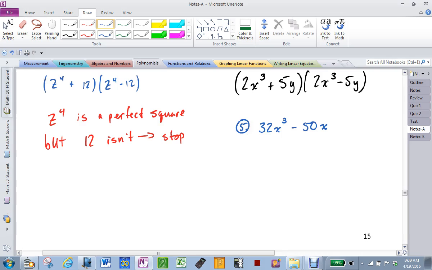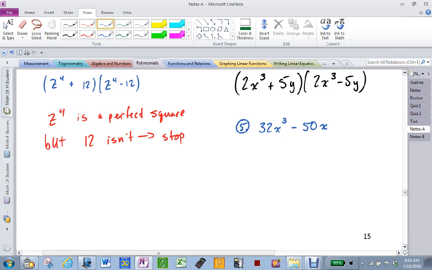Could you factor that? What's the first type of factoring he always says to try? GCF. Could you GCF that? Eight goes into 50?